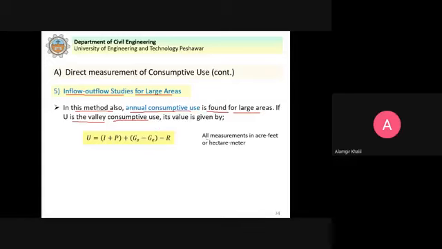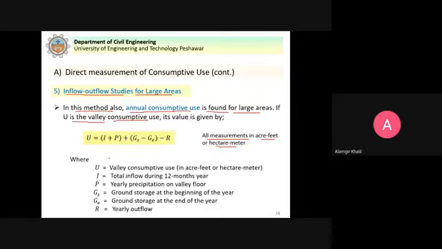All the terms will have the units of acre feet or hectare meter, because we simply add or subtract the different terms, so they must have the same units. U is the valley consumptive use in acre feet or hectare meter.